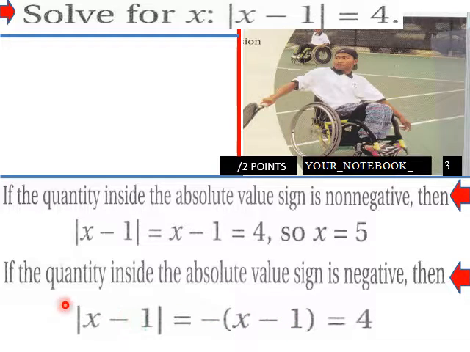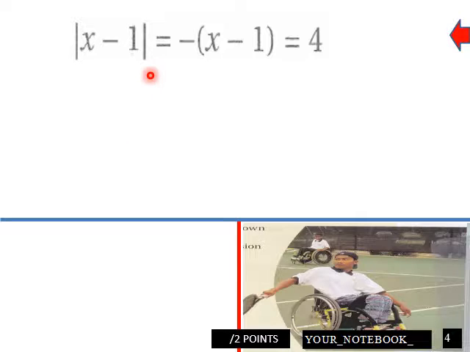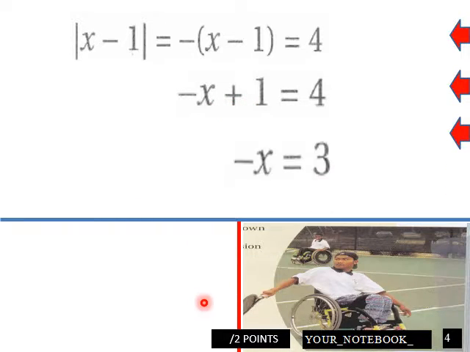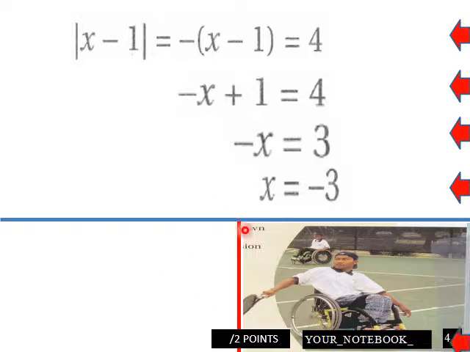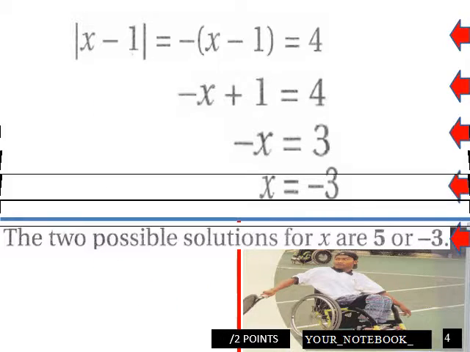So negative (x minus 1) equals 4, negative x plus 1 equals 4, negative x equals 3, and x equals -3. The two possible solutions for x are 5 or -3. So we solve for a positive and a negative solution for an absolute value like that.